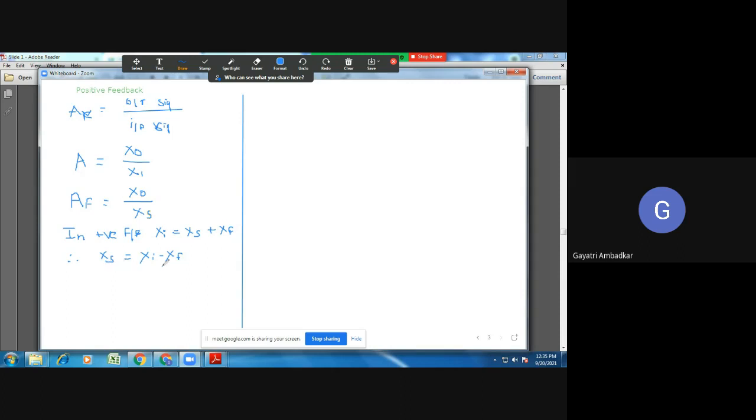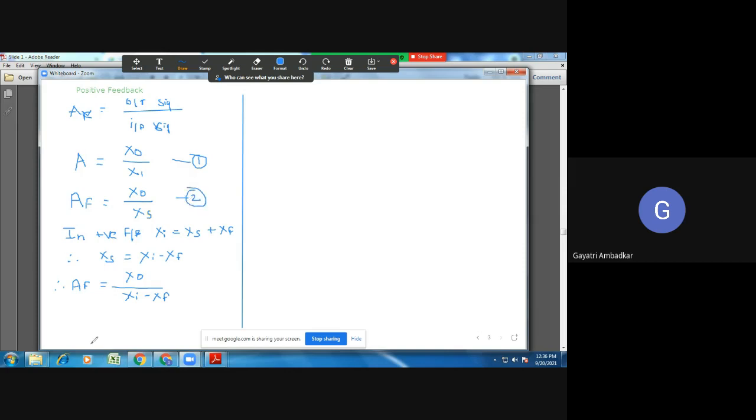Therefore, AF, the feedback gain, is equal to XO divided by XI minus XF. I have substituted this XS. Let's call this 1 and this 2.